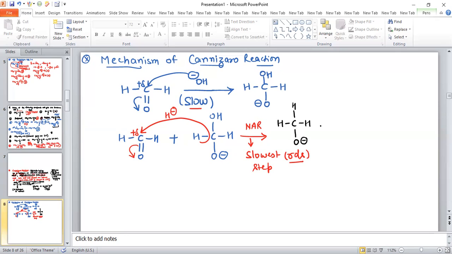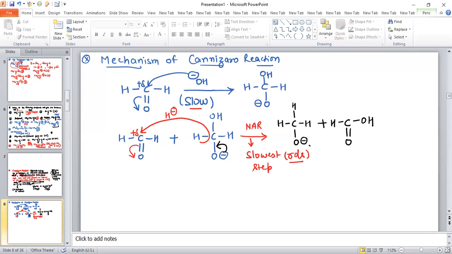The other product forms when H minus is removed as the negative charge shifts between carbon and oxygen. So this will form C double bond O, and on this carbon the OH group and H group are also there, like this.